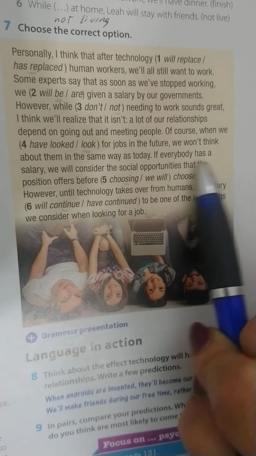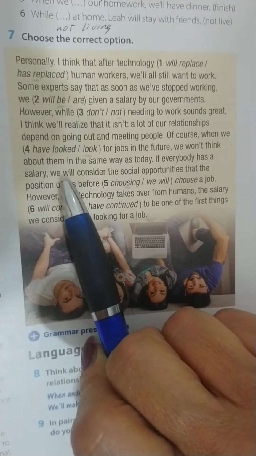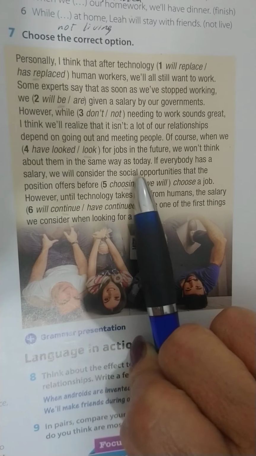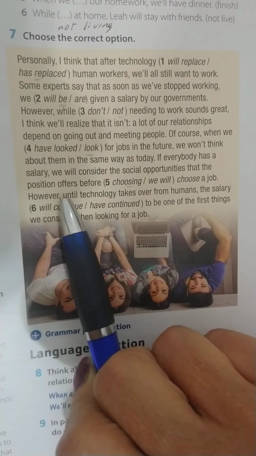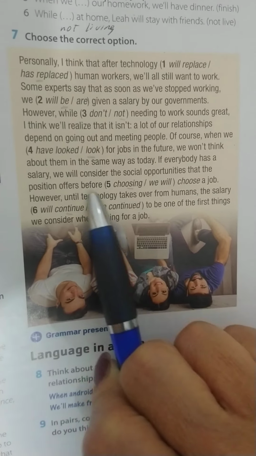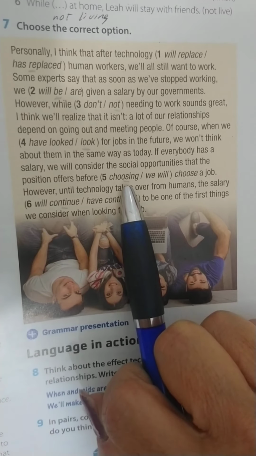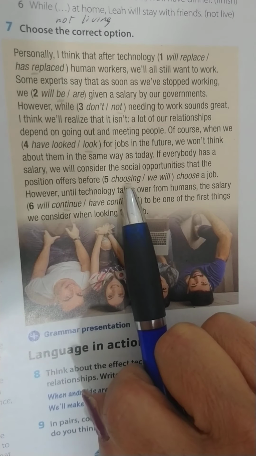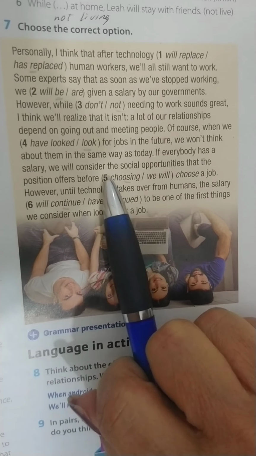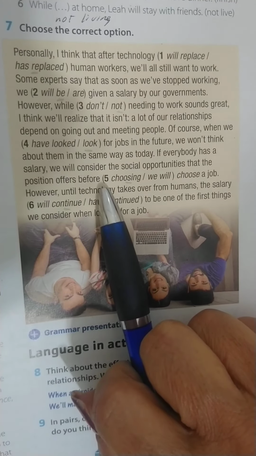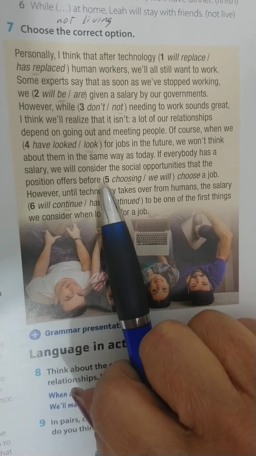If everybody has a salary, present tense, future, we will consider the social opportunities that the position offers. Before, remember, we have to begin with a gerund, that is a present participle. Choosing, we don't put the subject and the verb like "before we are choosing."